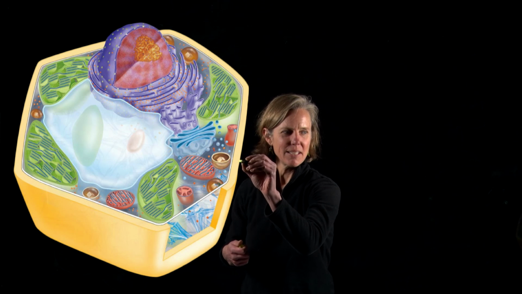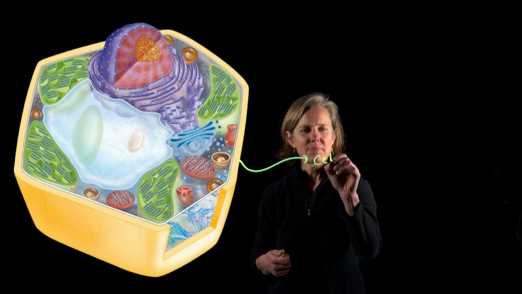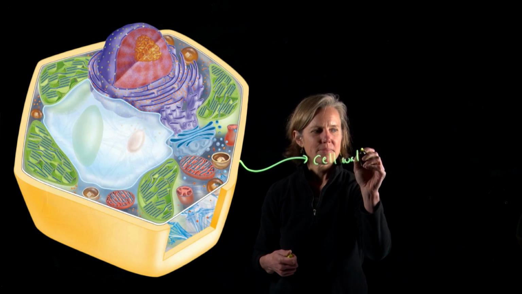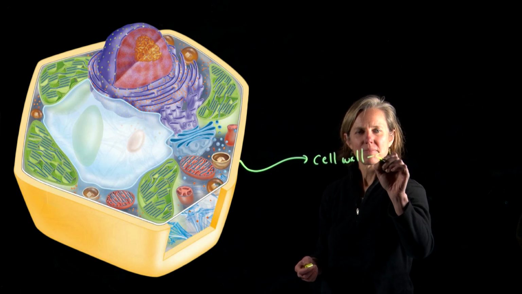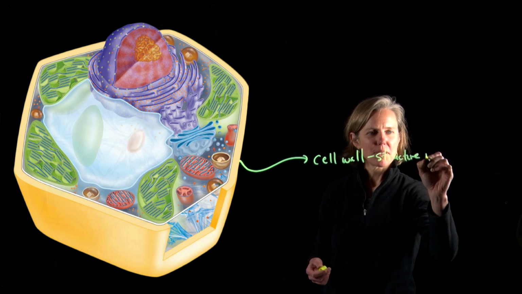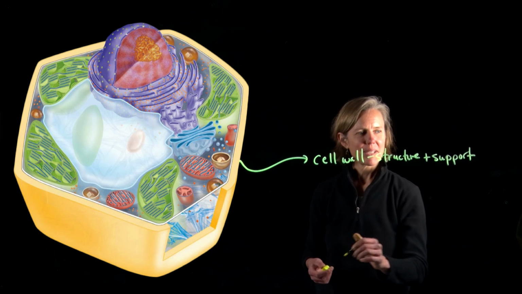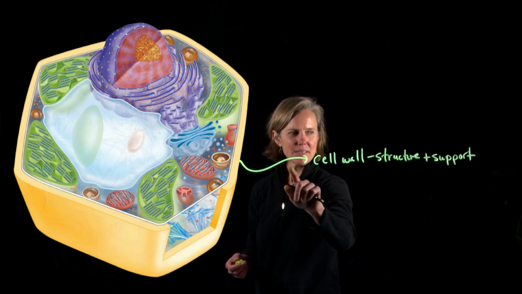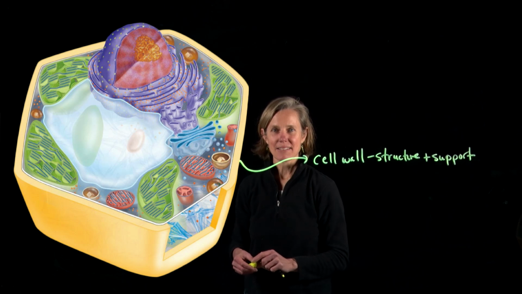First, you see a cell wall. The cell wall is important for structure and support. Notice that even though it has a cell wall, it also has a plasma membrane inside of that cell wall.